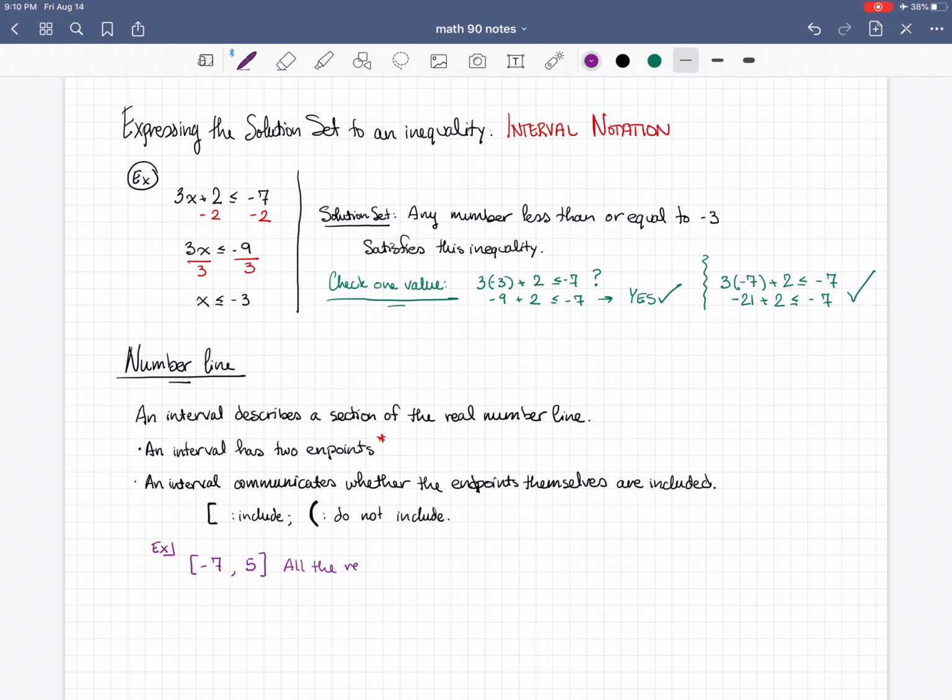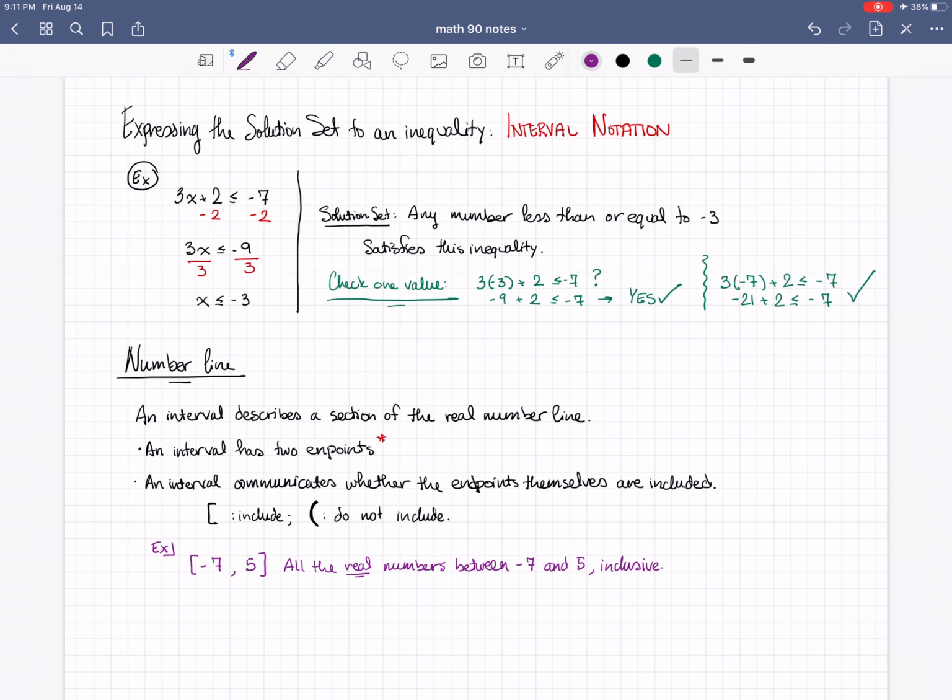And I'm actually going to underline the word real here, and I'll say why in a minute. All the real numbers between -7 and 5, inclusive. So the number -7 is part of this interval. The number 5 is part of this interval. So by putting brackets on either end, we are communicating that the endpoints are part of this interval.